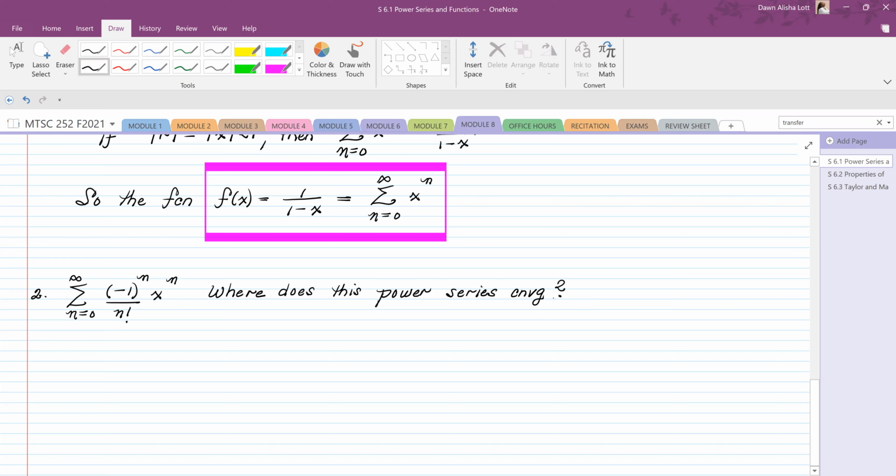Now, in this section, we will make use of the last 2 tests we learned, which were the ratio test and the root test. And so for us, the easiest one to use is going to be what? What test do I want to use?